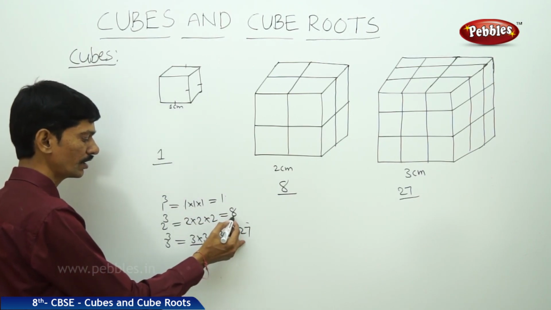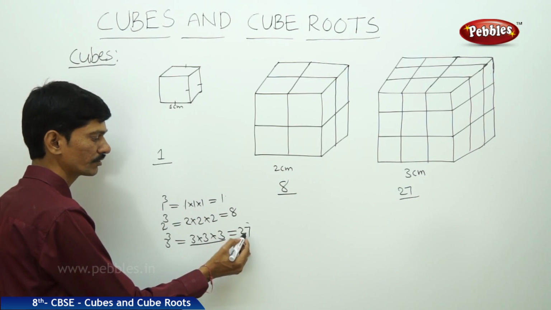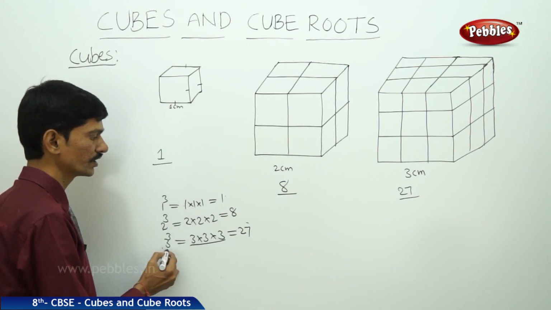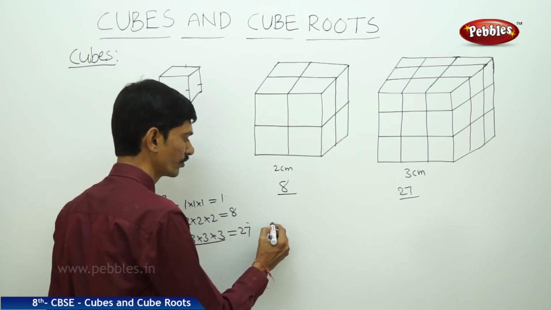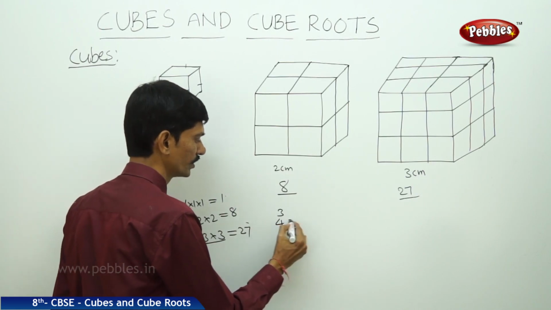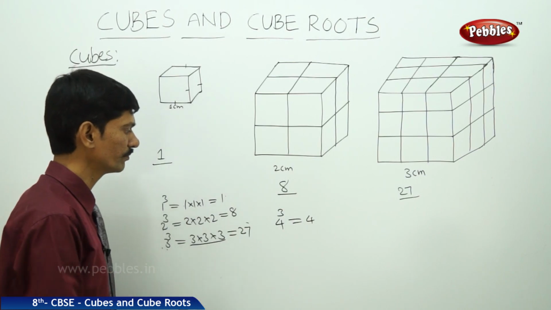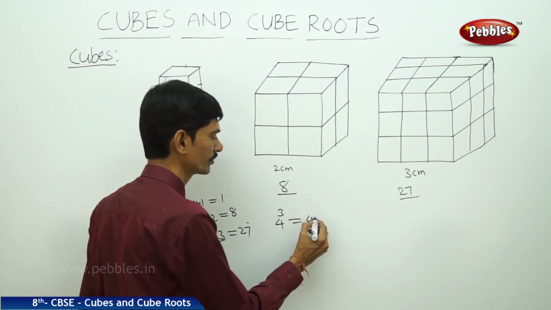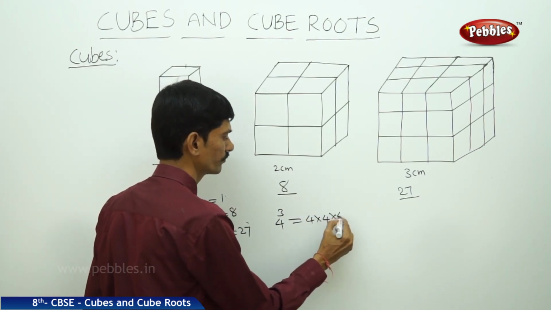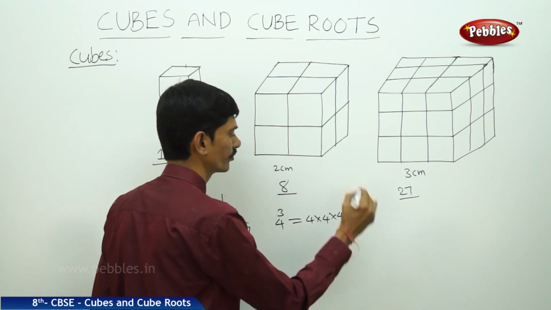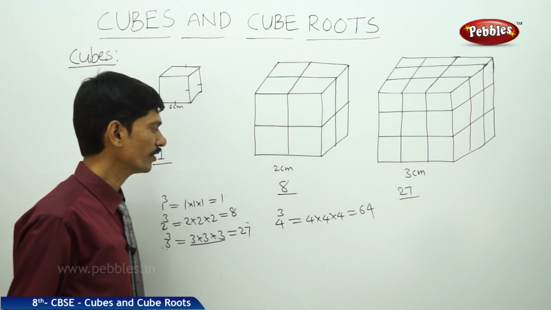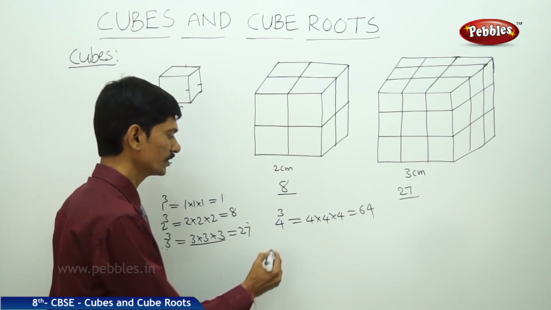Here 8 is called the cube of 2, and 27 is called the cube of 3. Then what is the cube of 4? To find the value of 4 cube, we multiply 4 three times: 4 into 4 into 4 equals 64. Now the cube of 4 is 64. And what is the cube of 5?